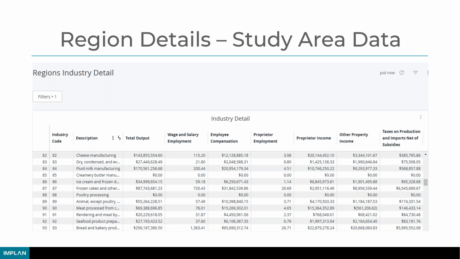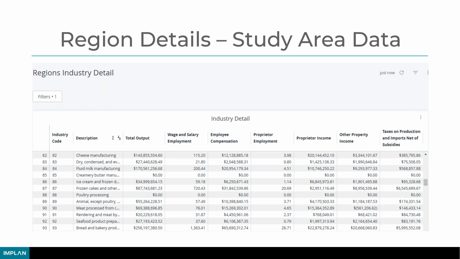That gives us a sense of the overall output size for that industry, but also wage and salary employment, employee compensation, proprietor employment, proprietor income, and then what we often see is OPI and TOPI, other property income, which is generally profits, and then taxes on production and imports net of subsidies.